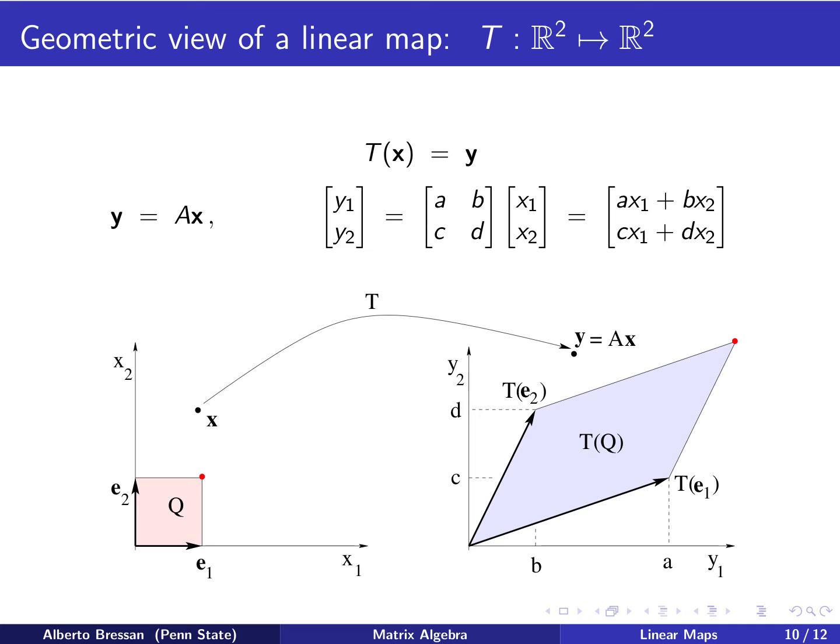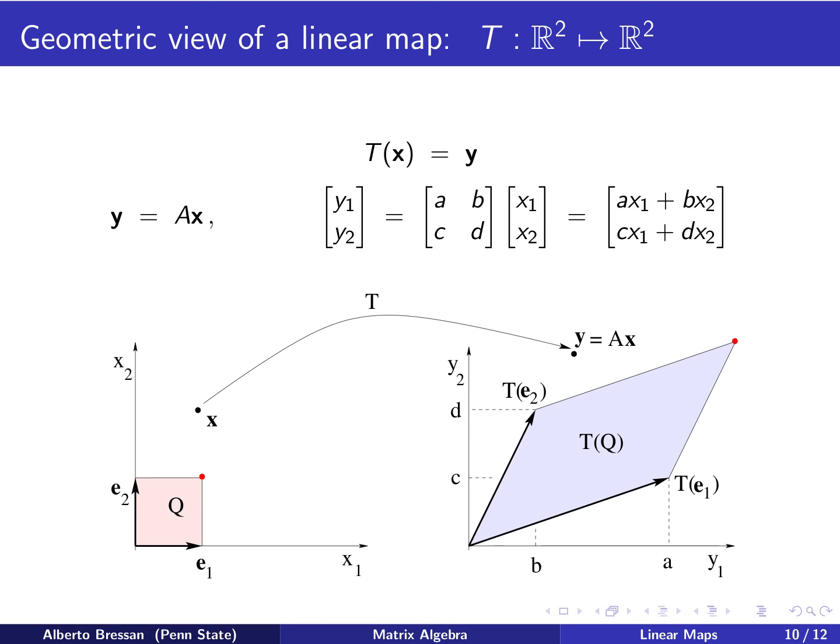Now let's look at E2, which is the y direction. This one will be mapped into the second column, b and d, right? So we can find it here where it's b and d. Let's say this is b and this is d, and that is the image of E2.